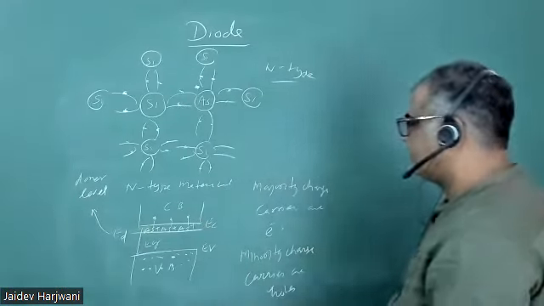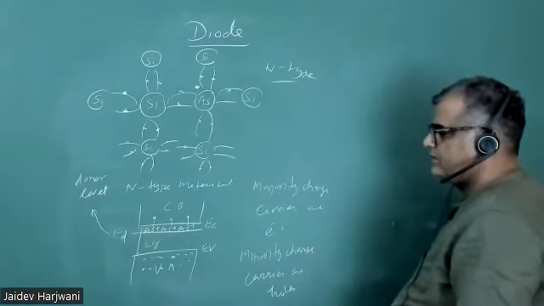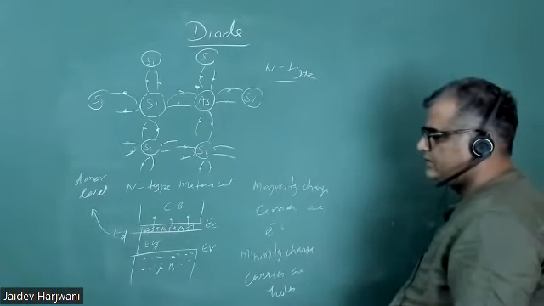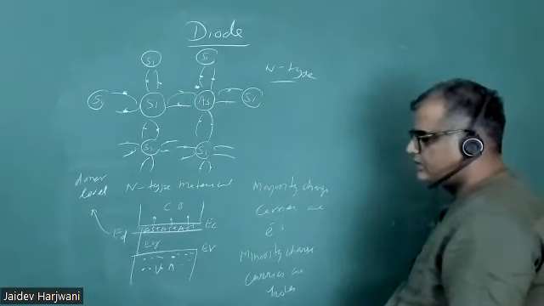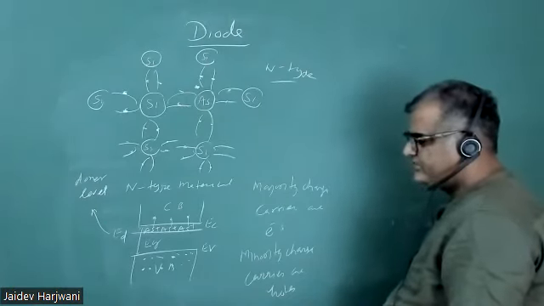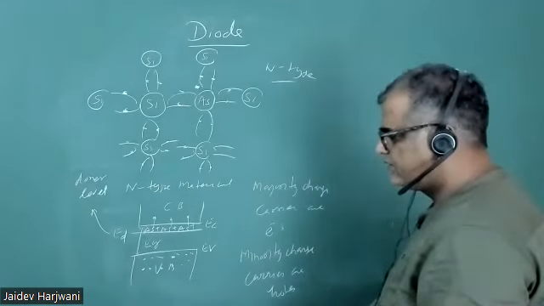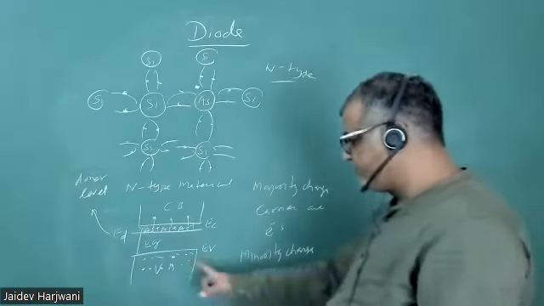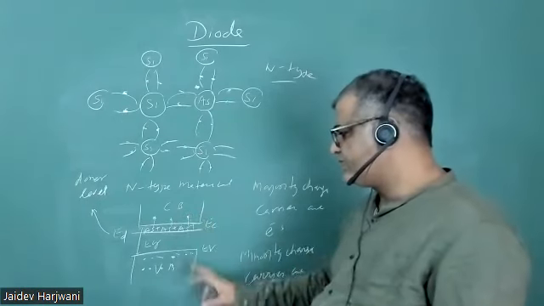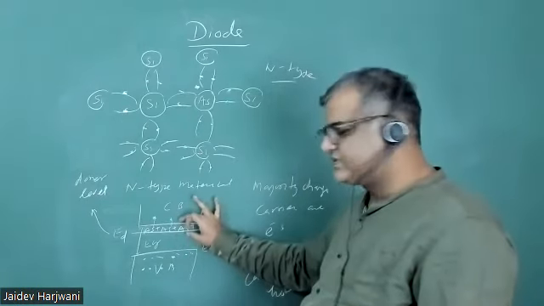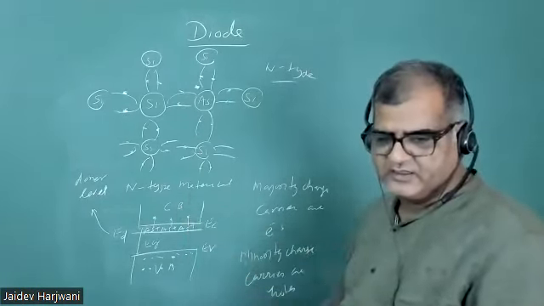Sir, they require a high amount of energy to transfer these electrons to the conduction band. Which electrons, sir? Valence band electrons. The valence band requires more energy. You see, there is more gap. And where the gap is less, you require less energy.